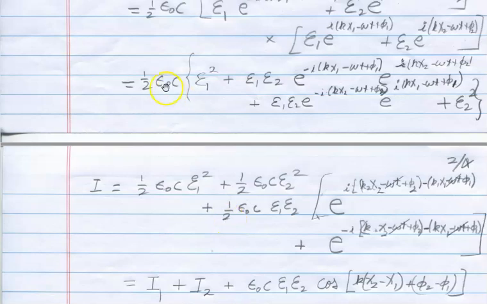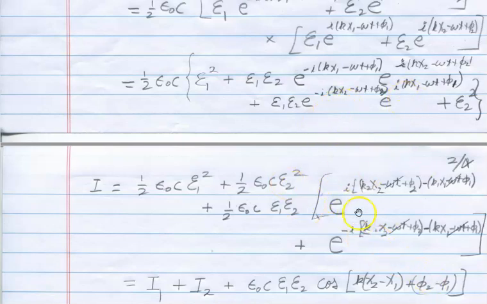So I get a 1/2 epsilon naught c times E1 E2, and then I can combine these two exponentials into a single one. And when I do that, the omega t's go out. The terms that are left, I'll get k2 x2 plus phi2 minus k1 x1 phi1, the t's.